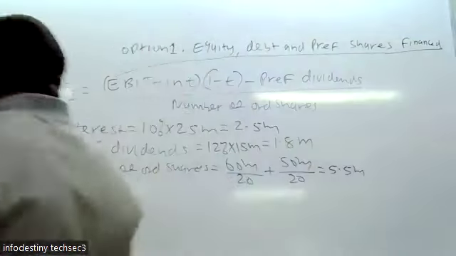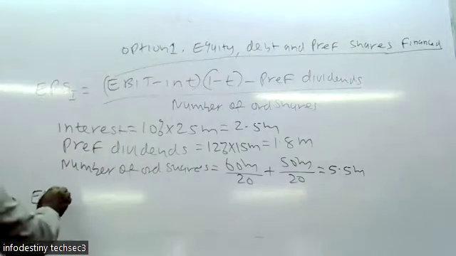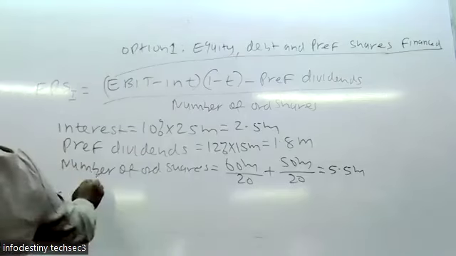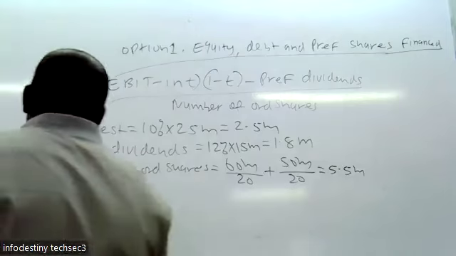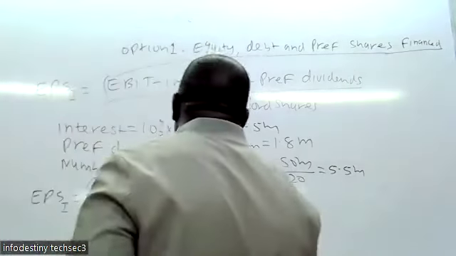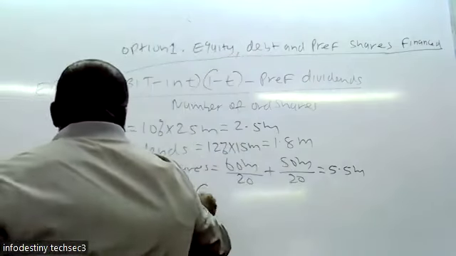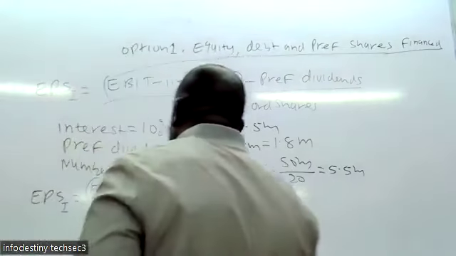Now we go to our equation, whereby earning per share for option 1 should be earnings before interest and tax, less interest, which is 2.5 million, then times 1 minus the corporate tax.